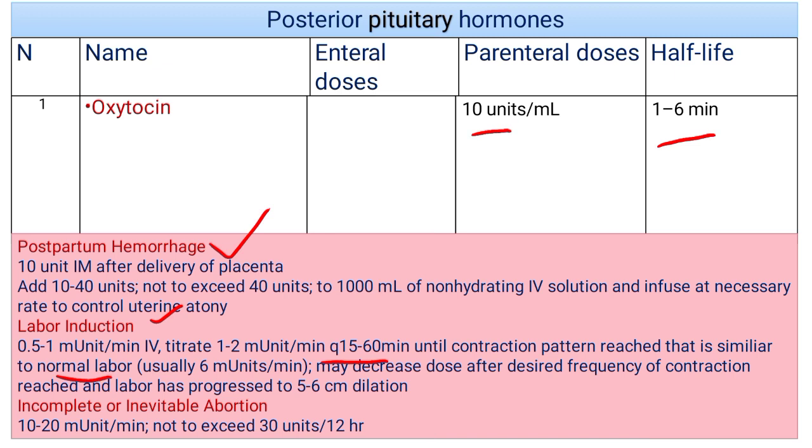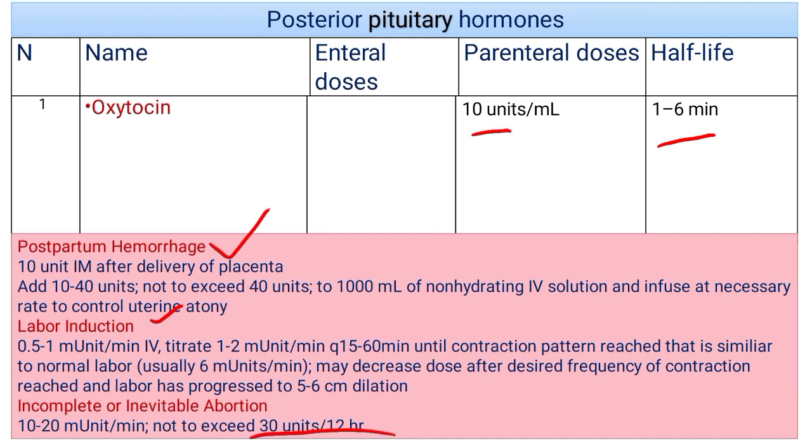Usually 6 milliunits per minute; the dose may be decreased after the desired frequency of contractions is reached and labor has progressed to 5 to 6 centimeter dilation. And in incomplete or inevitable abortion, it's 10 to 20 milliunits per minute, not to exceed 30 units per 12 hours.